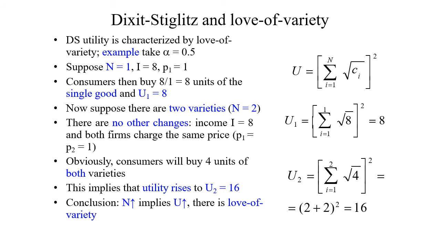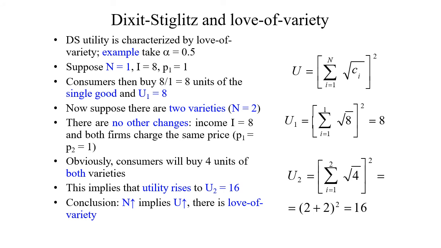Now we change it up. We say now there are two products. They have the same price, still 1 Rand each, product 1 and product 2. If you spend your income on those two products, where the price of good 1 is 1 Rand and the price of good 2 is also 1 Rand, you will buy 4 units of both goods.